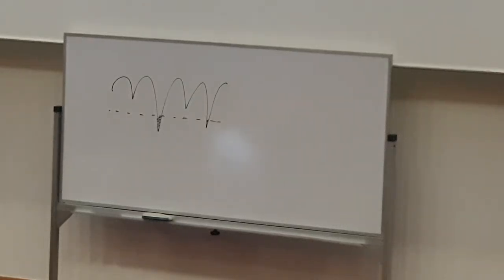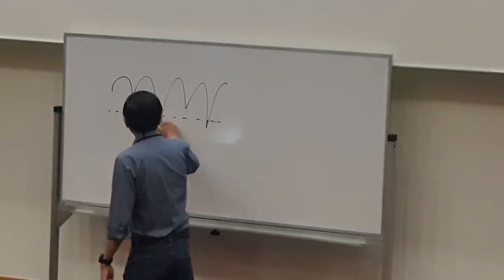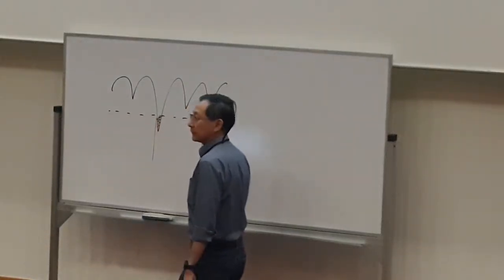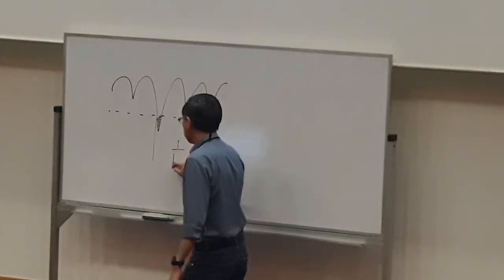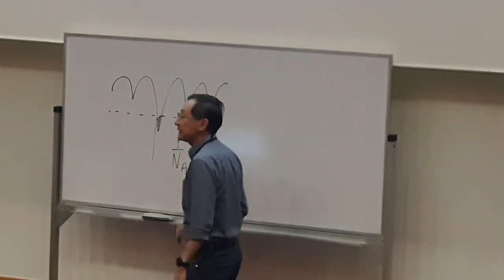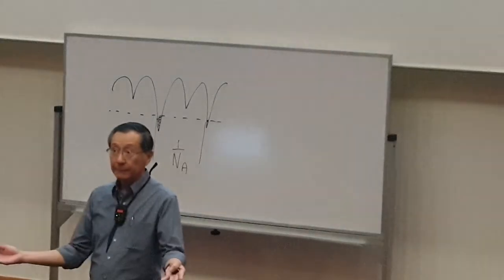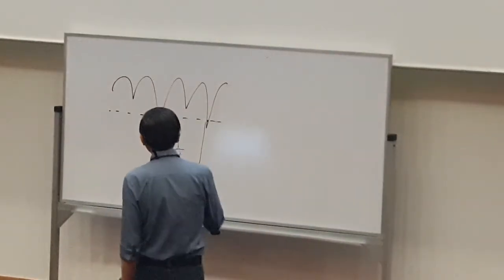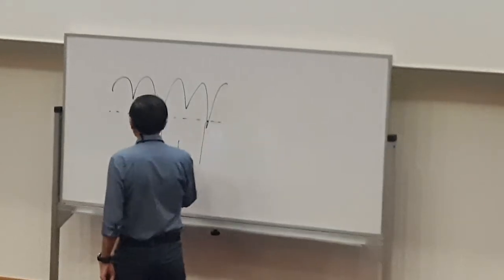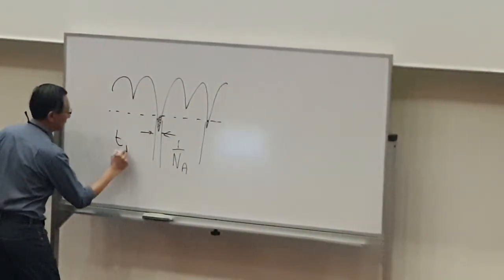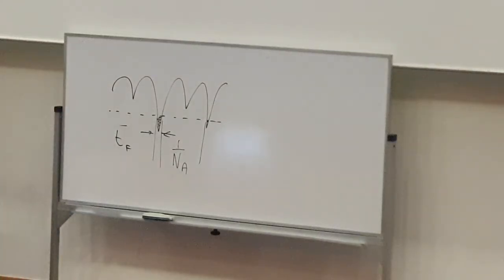Okay, so we know that the time between fades is 1 over NA, right? Because NA is the number of fades per second. And then there is the time that the signal is in a fade on average, correct?